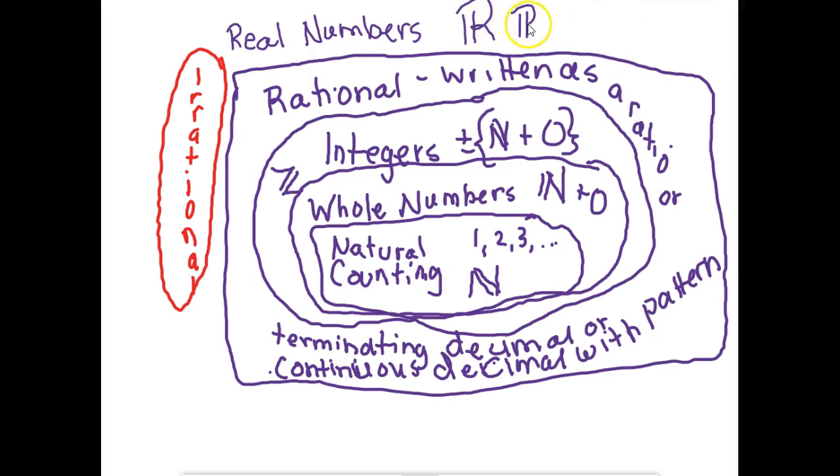Maybe I should rewrite that a little less big so that it's easier to see. So that's our real number symbol. And that's basically all of our irrational and rational. So this is kind of everything.